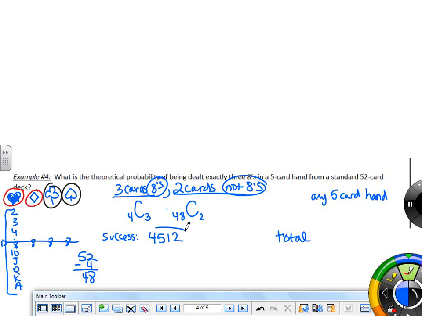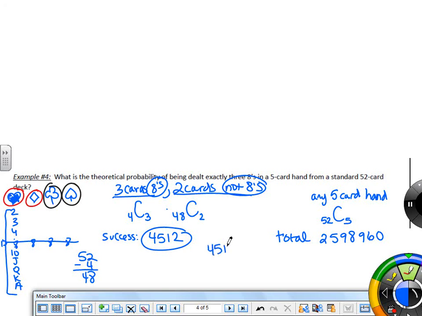That was calculated here. So the total is that I am choosing, because again, order doesn't matter, 5 cards from a 52-card deck. So I'm going to go ahead and put this in. And this is 2,598,960.